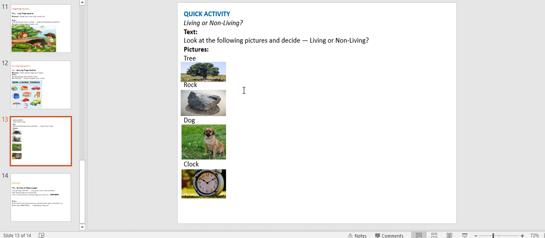Okay, for a clock, I'll leave that to you to decide. From all the characteristics that I've told you, I know you are able to tell whether a clock is a living or an unliving thing. But maybe you can go through it together. It's no harm. A clock is an unliving thing.